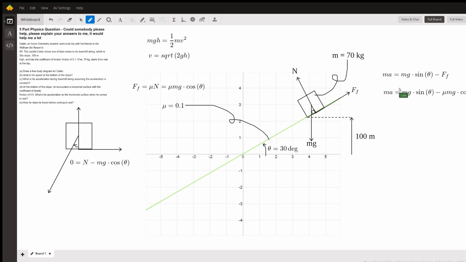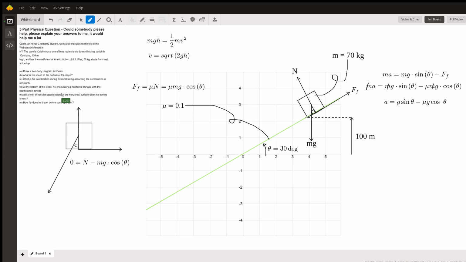Mass is everywhere, so the m's can just cancel off. You divide by m on both sides. And your final equation for figuring out the acceleration would then be a is equal to g sine theta minus mu times g cosine theta. Again, I haven't plugged these values in, but you'd be able to easily evaluate that and get your numerical value.